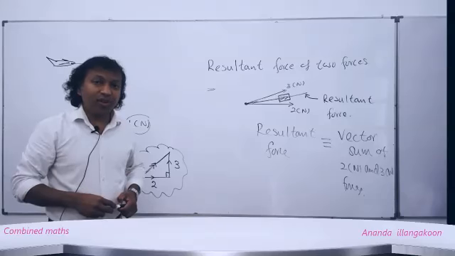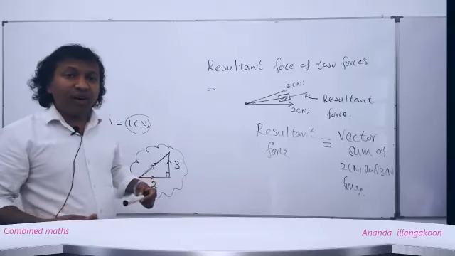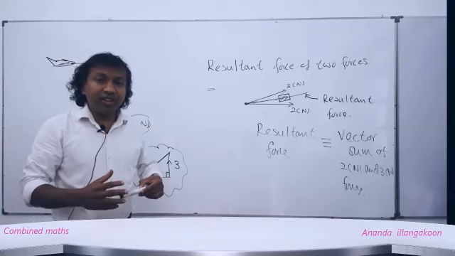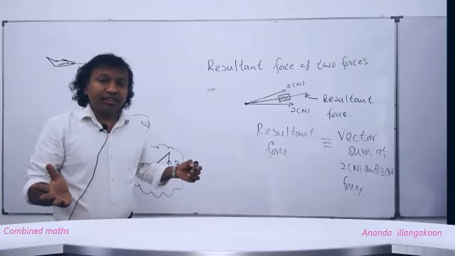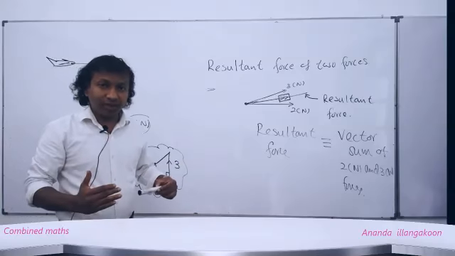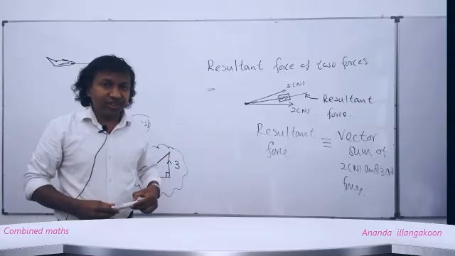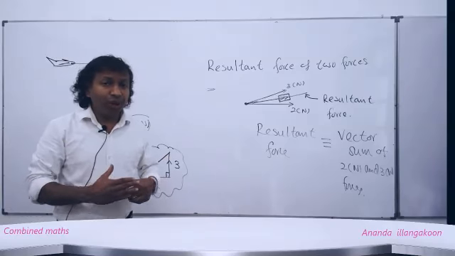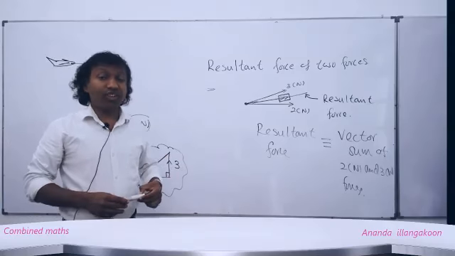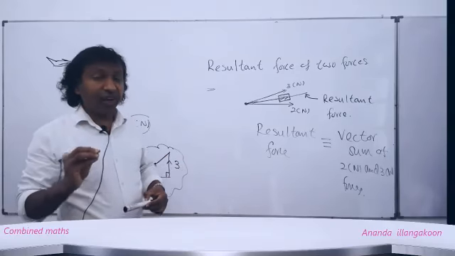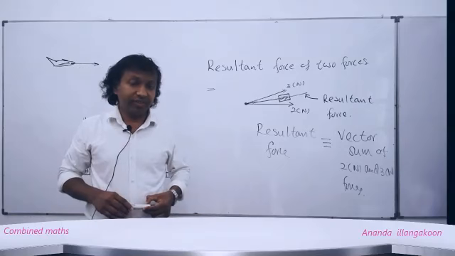So therefore, people, what is the triangle law of vector addition? People, we eliminate the word force from here. This triangle law of vector addition can be used for any two vectors. So instead of the word force, I am going to use vector.